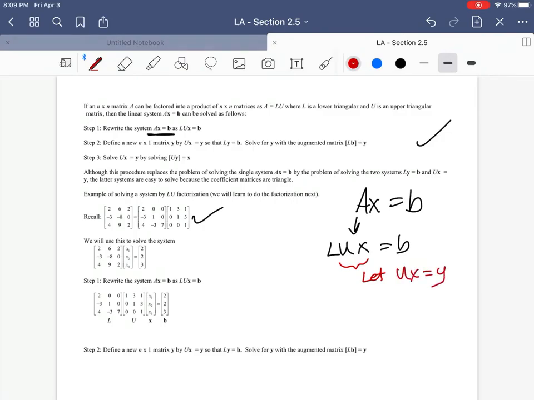Let UX equal Y. So now when I come back to this problem, what I have is L times Y equals B. This is where you can use your calculator. We're going to solve for Y by putting L and B in an augmented matrix and solving that out. That'll give us our Y value.